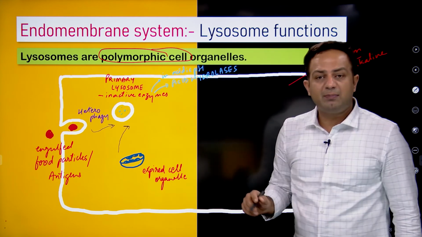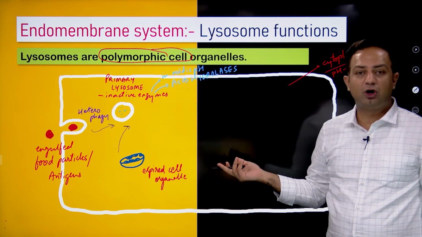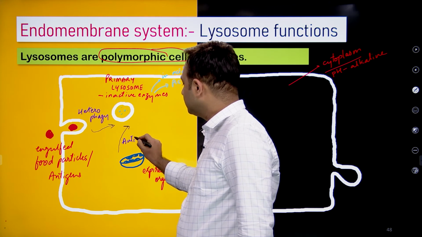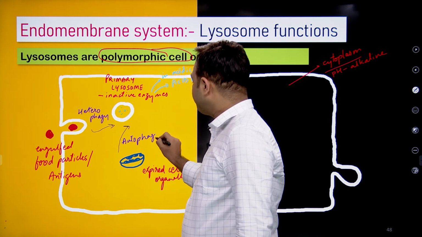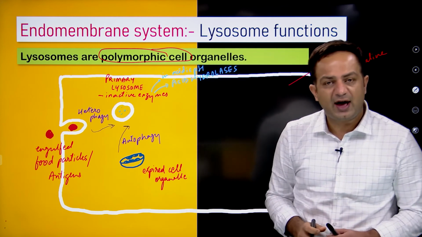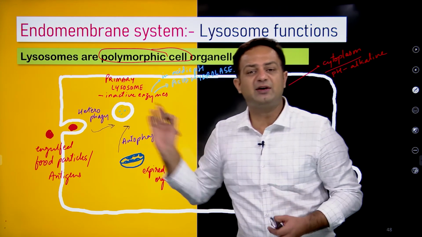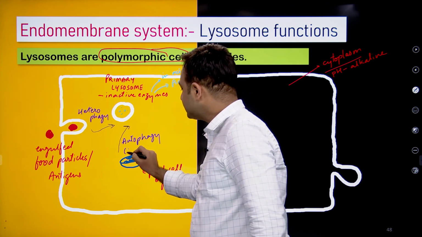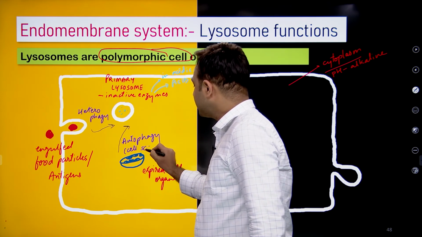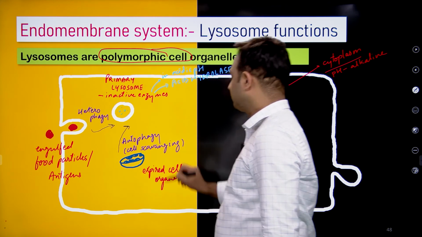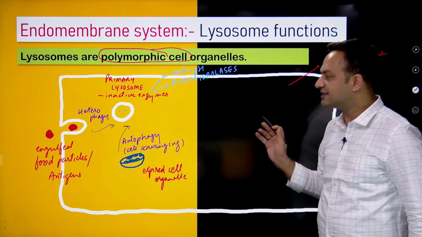Or it may take up an expired cell organelle, then I will call it autophagy. Autophagy means a good thing. Why? Because this lysosome is cleaning up the cell, removing the waste. So here we say cell scavenging. Okay, this is cell scavenging.